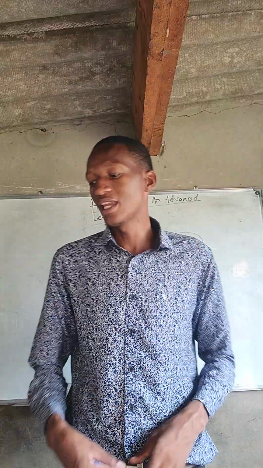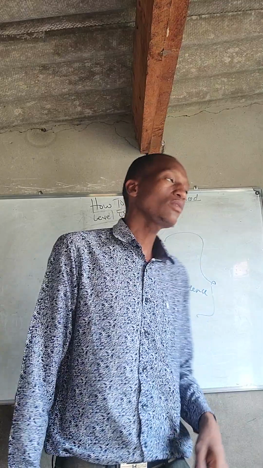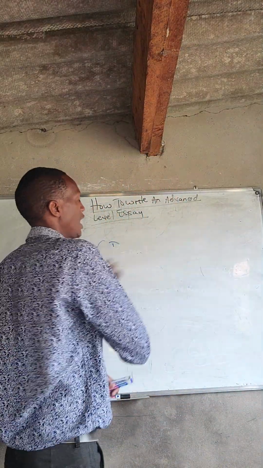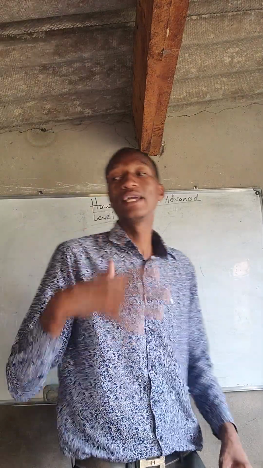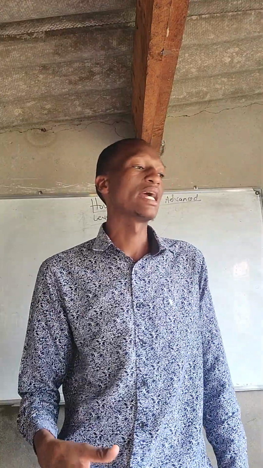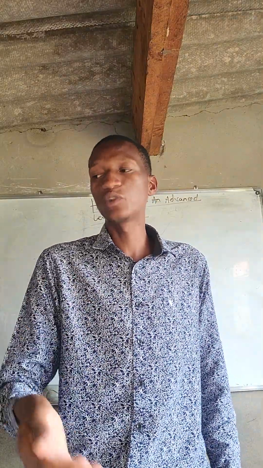Are we together? Then after that, we have what we call a conclusion. A conclusion is a simpler paragraph in which you write what you wrote in your essay in summary. Above all, it is where examiners require you to write your judgment.